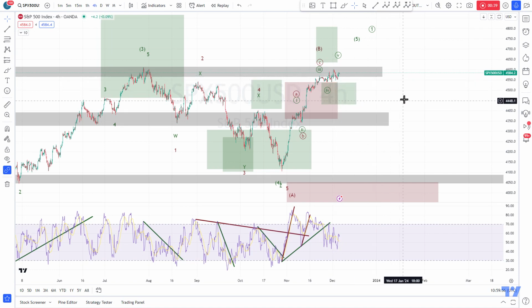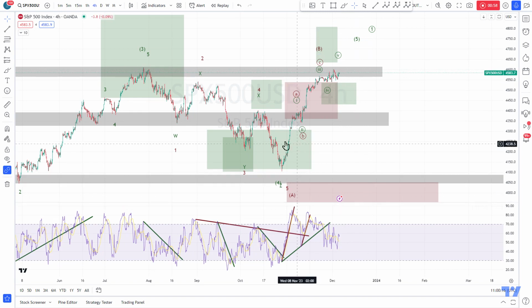But for now, what I'm seeing in the 4 hour is that it looks like an ending structure. We are having an ending impulse, 1, 2, 3, 4, 5, now working on the fifth wave, I would say.